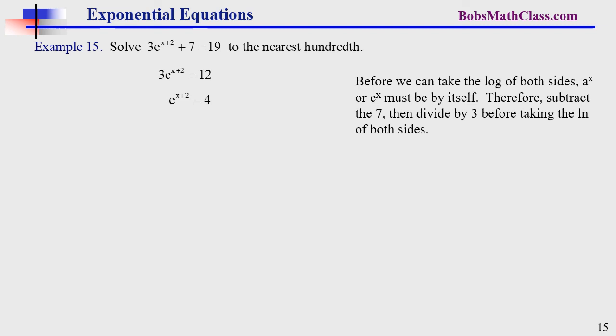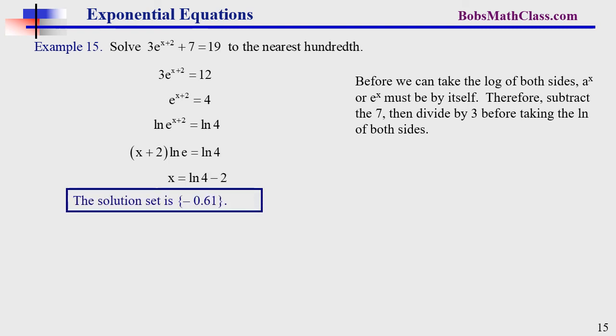Now we're right back to where we were in the last example. Put ln in front of both sides. Power rule. Ln of e is equal to 1. So bring the 2 over. So it's ln of 4 minus 2. And type that into your handy dandy calculator.